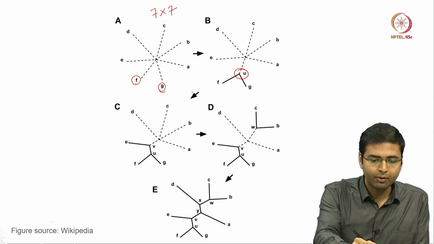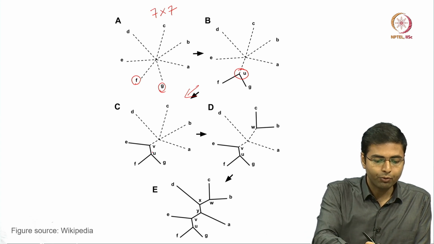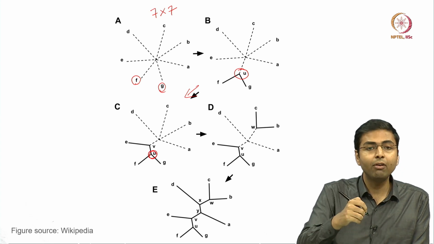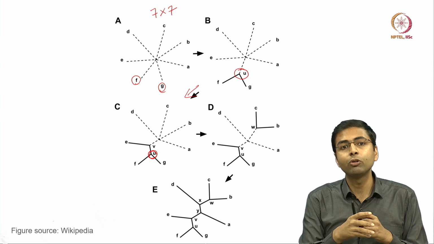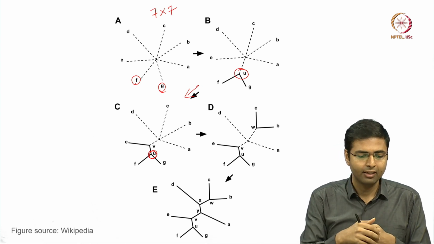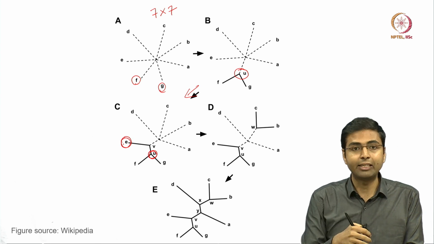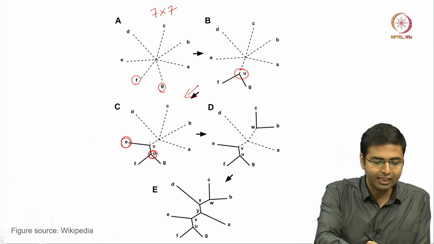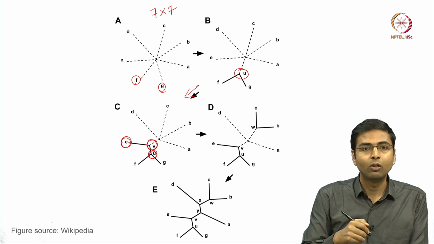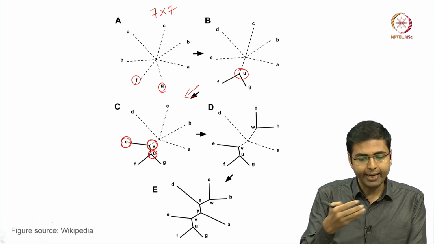In the next step, now that we have u, again we will find the pair of leaf nodes that are adjacent in the optimal tree. This time the algorithm has identified e and u that should be merged, and it merges them with the vertex or taxa v. Again it repeats the process.